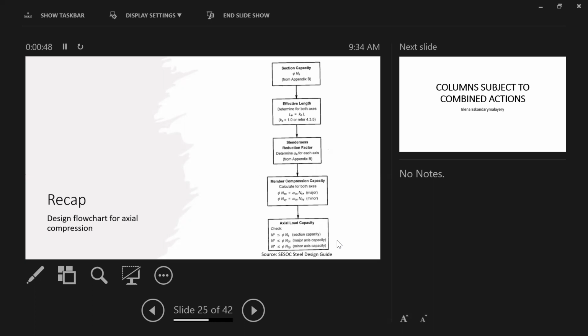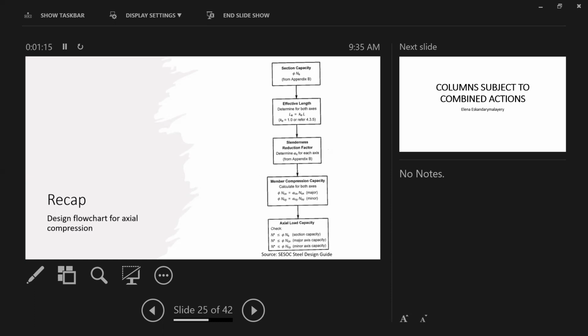axial loads. So here for the recap, as we discussed before, we talked about how to design the columns based on the CSOC guideline, and it is also based on New Zealand standard NZS 3404, designing the steel structures.